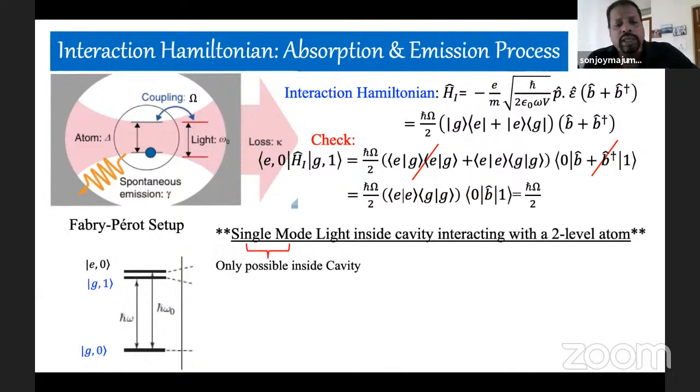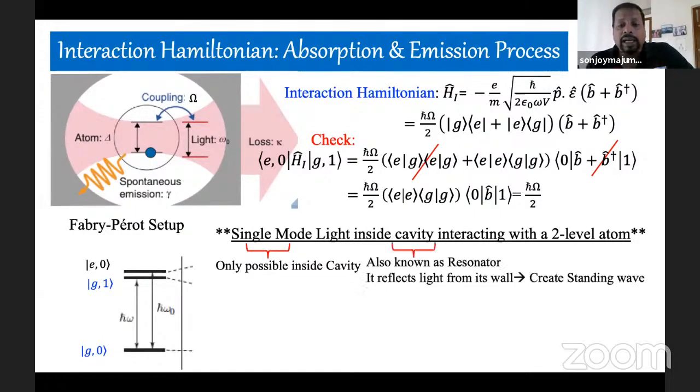Here you see that to choose a single mode, you have to have a cavity. Otherwise, you will have all possible modes. You have very confined, very precise cavities, which we want to choose here. The cavity is also sometimes called a resonator.